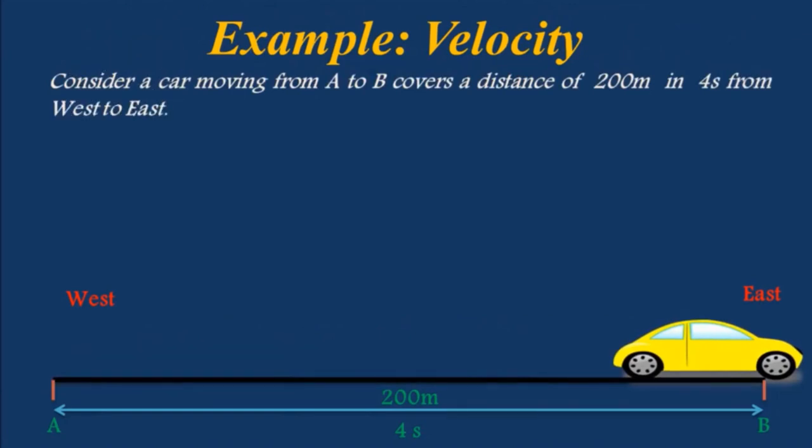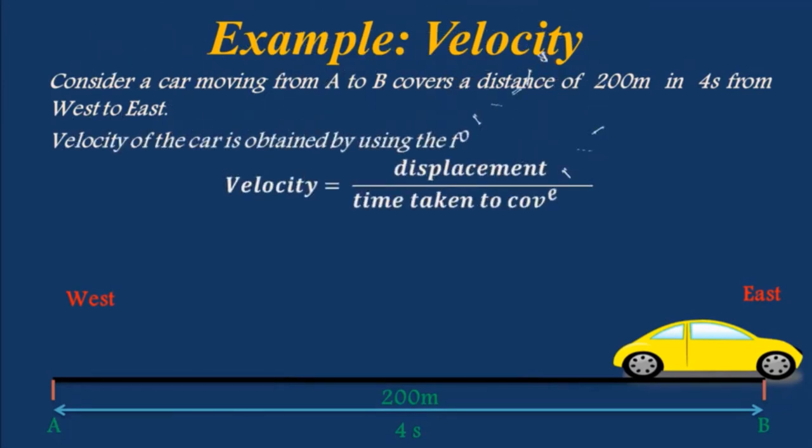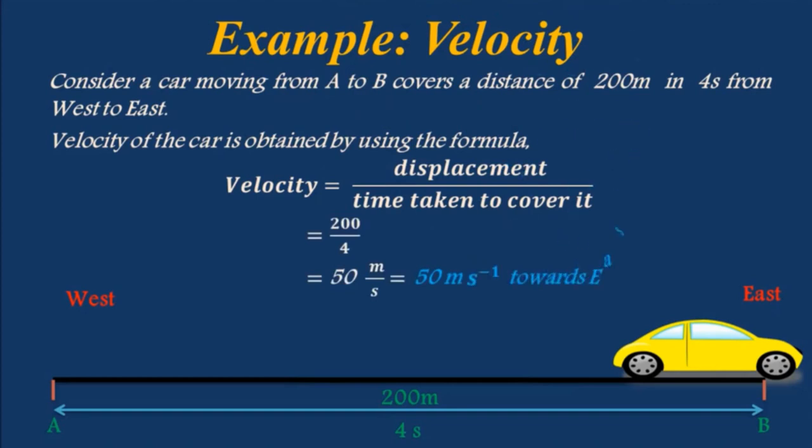So here velocity equal to displacement by time taken to cover it. Here what is the displacement? That is 200 meters. What is the time taken? 4 seconds. Here 200 by 4 equal to 50 meter per second towards east. We have to mention the direction. Compulsory.